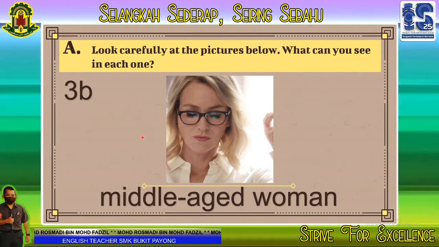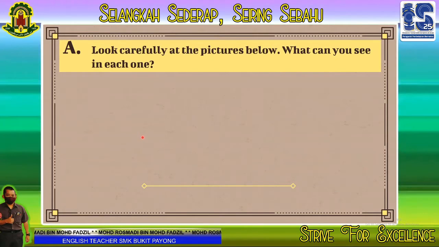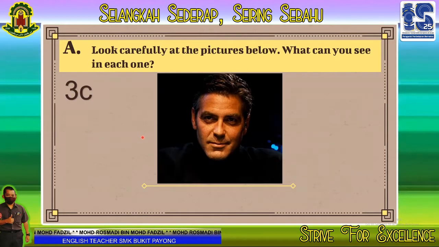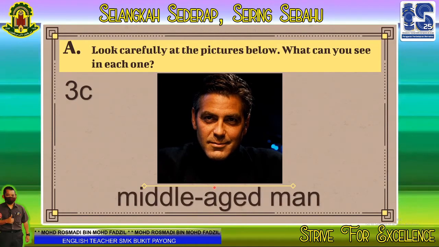And then we have next picture C. Just now we have middle-aged woman, and this is middle-aged man, lelaki pertengahan usia 40, 50. Okay. Alright, so I hope you do know all the pictures from 1 ABC until number 3 ABC. Okay, we have looked at the pictures.